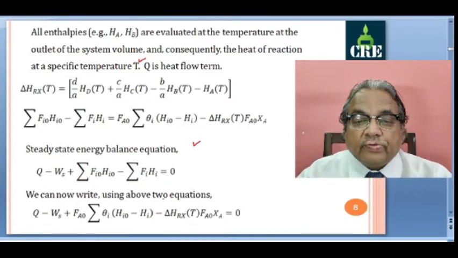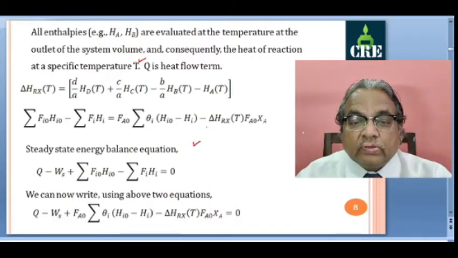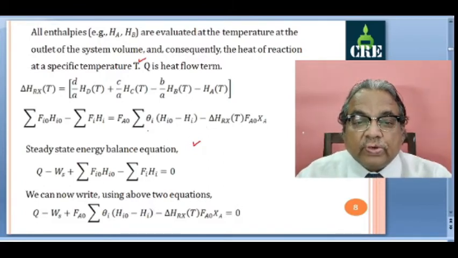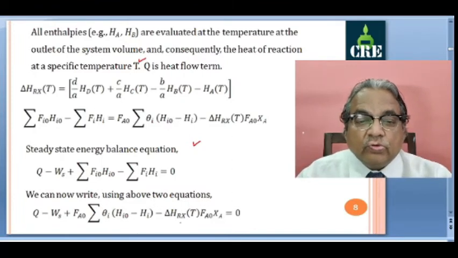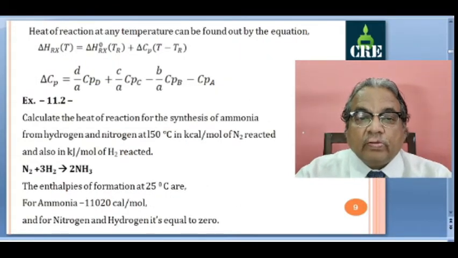Now we can write this equation as Q minus Ws plus Fa0 summation of theta I (Hi0 minus Hi), this equation. So this is replaced by this, minus delta HRX at T into Fa0 XA, is equal to 0.